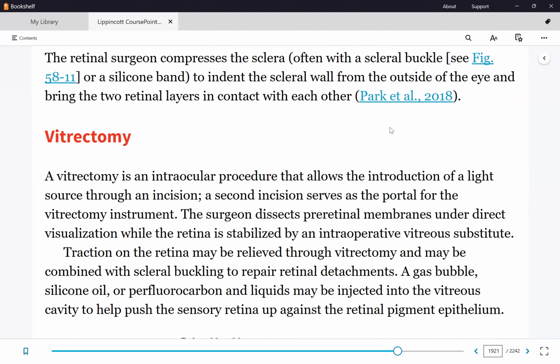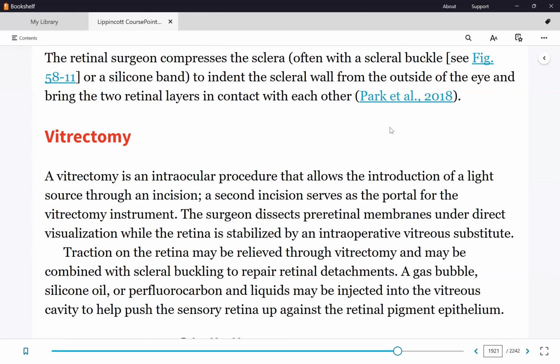So meaning they're not heavy, they're just dense. So any air or gas, what will always a gas do? Go down or go up? It will go up. So it will always float up, correct? But because this gas is dense, it will put pressure against the retina.